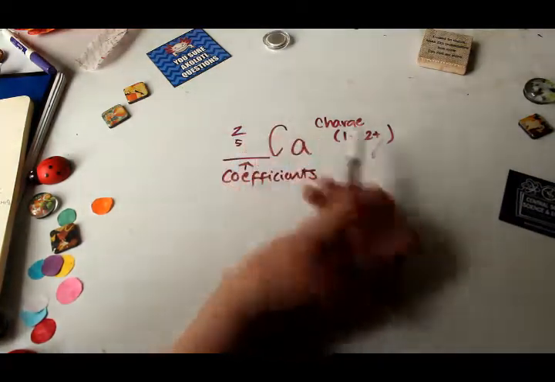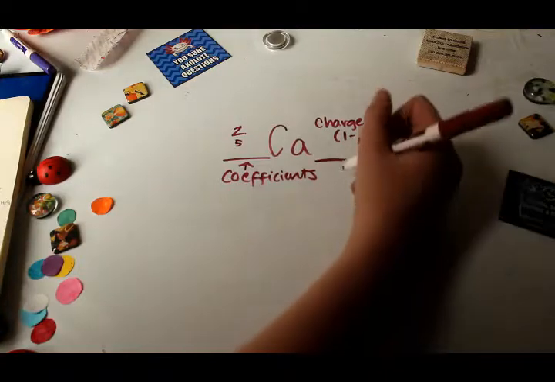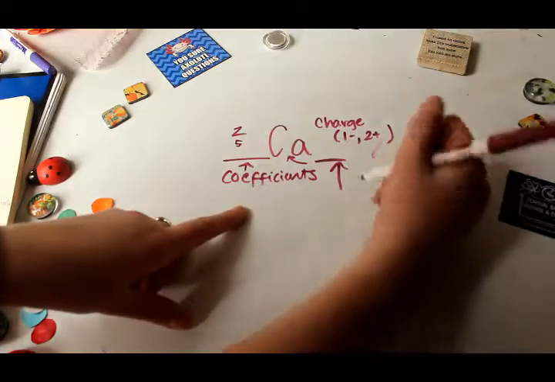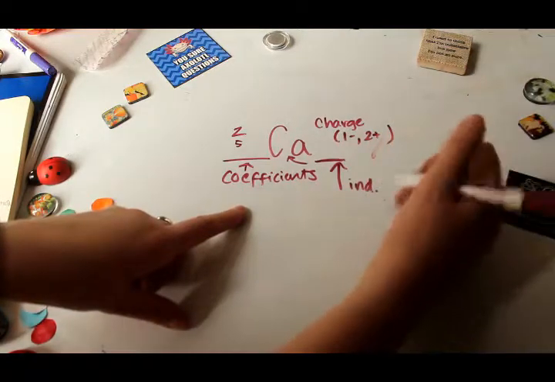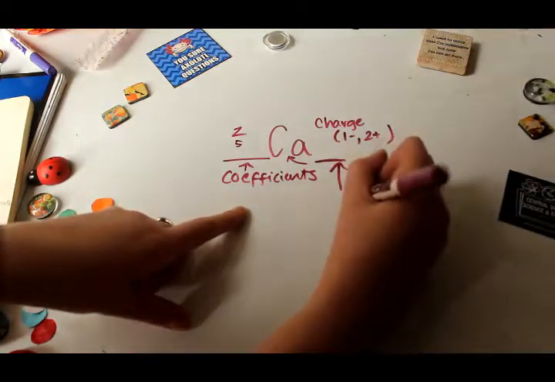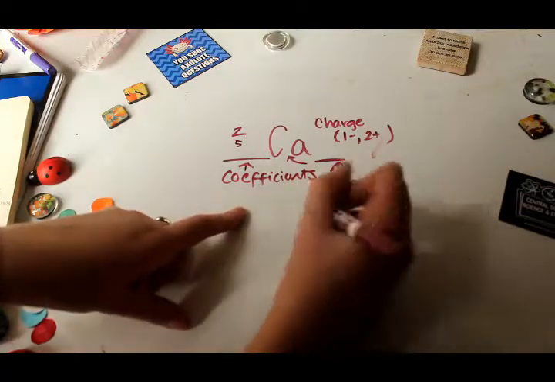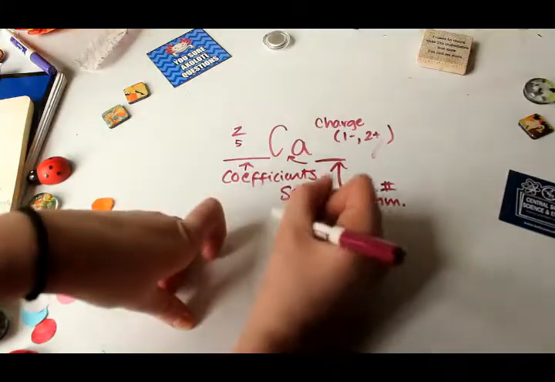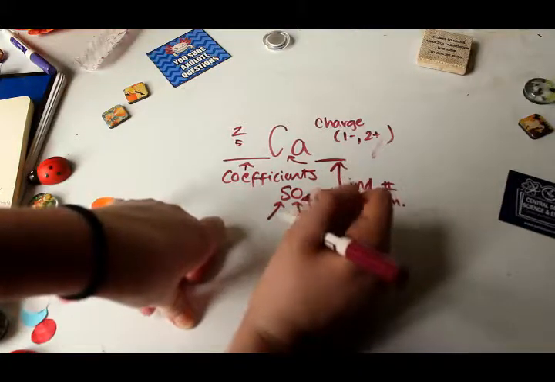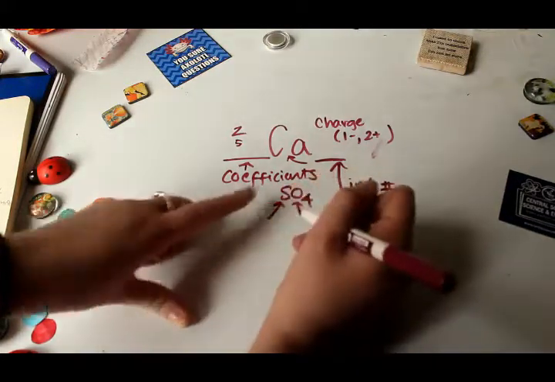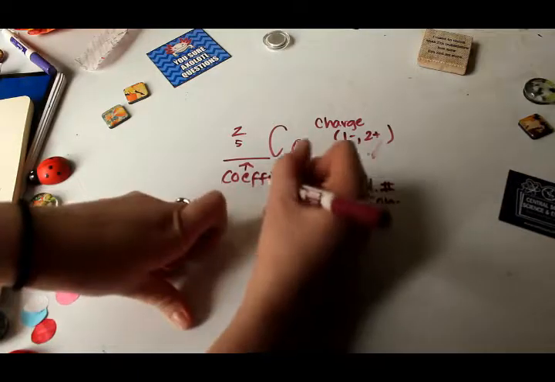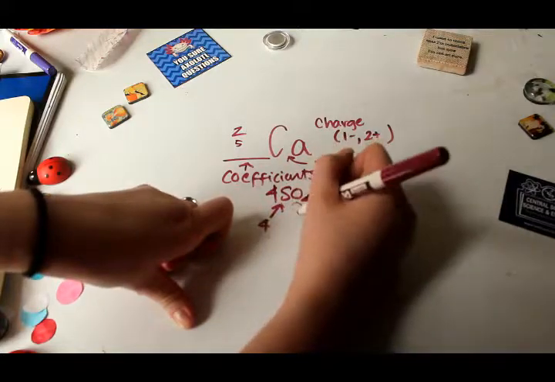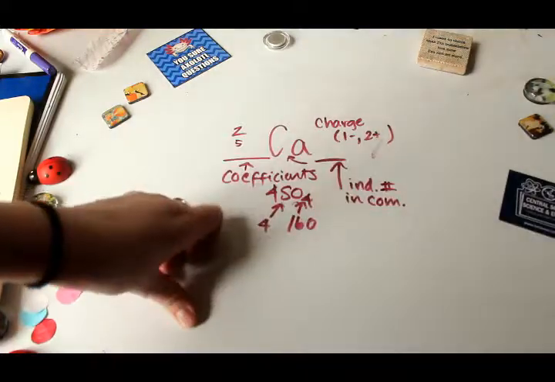You need 5 moles of calcium. A subscript goes here if it is in a compound and it's affected only by itself. So it's an individual number in a compound. Like SO4, it has 4 oxygen atoms, but it doesn't have 4 sulfur atoms. It just has 1. Instead, if you wrote 4SO4, you would have 4 sulfurs, and 4 times 4, 16 oxygens.